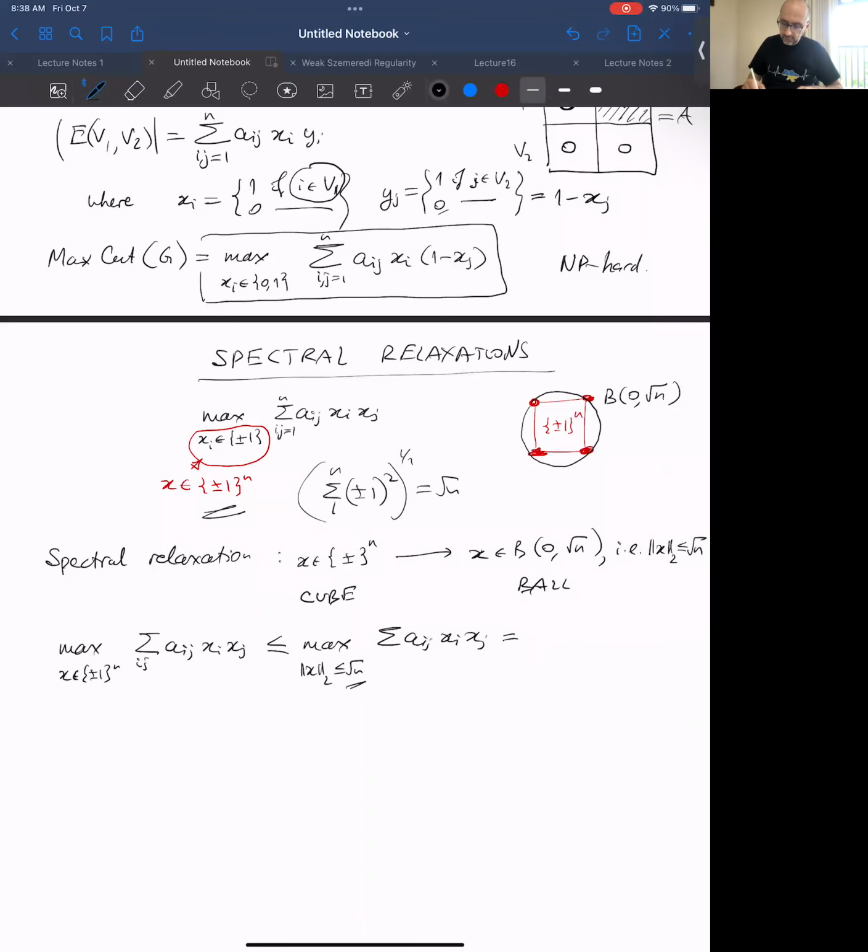So I can replace root n by 1 and renormalize things. If we replace root n by 1, it will enter twice, so the correct homogeneity is n here. So the factor will be n times the maximum over the unit vectors of the sum of a_ij x_i x_j. So far so good.